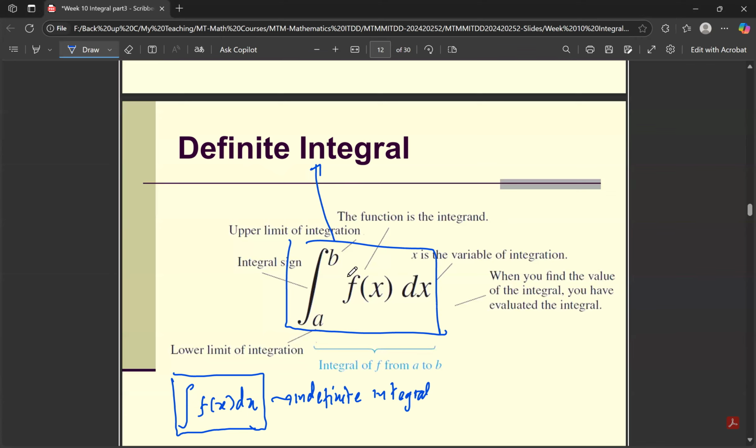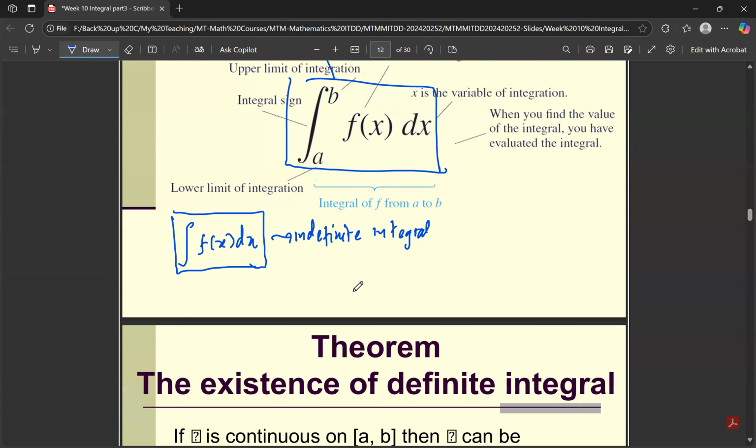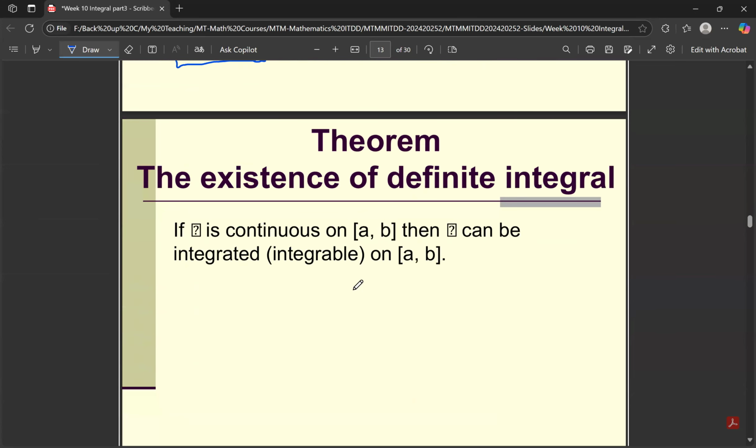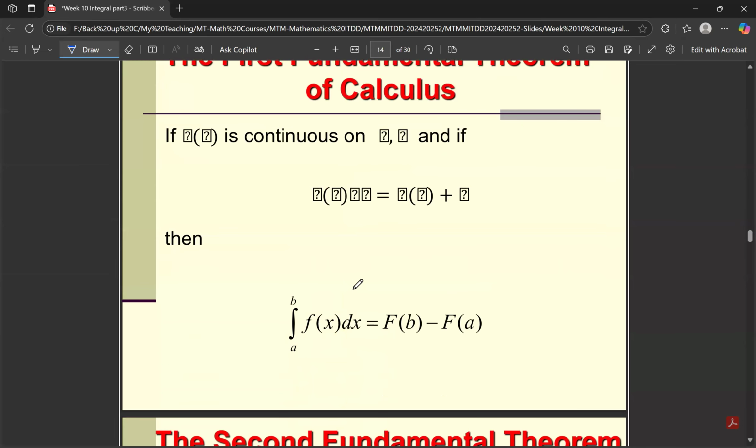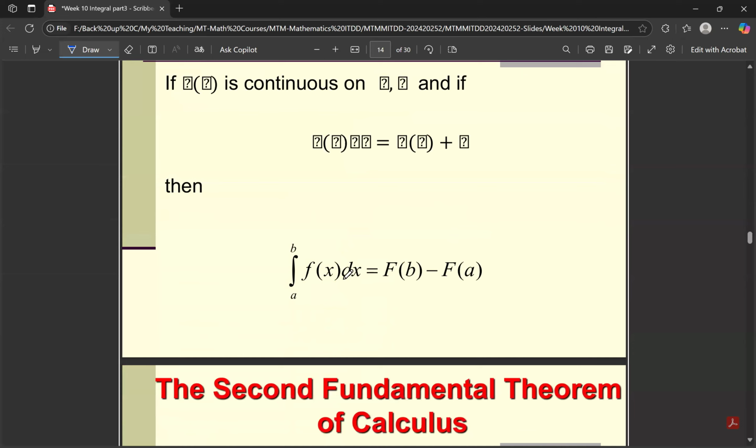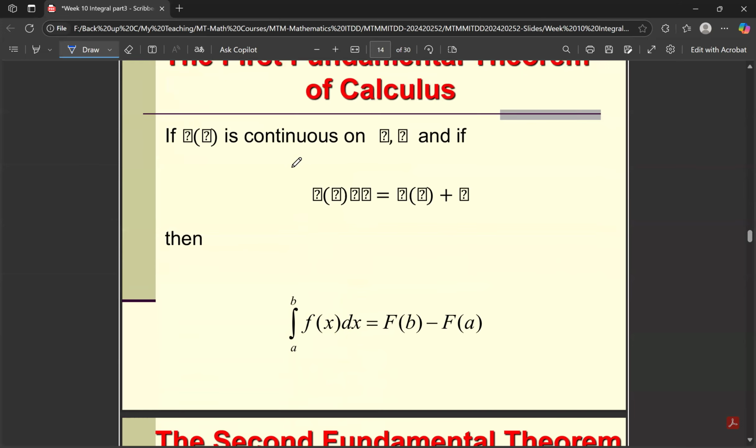So how do we calculate it? I will write it for you. The function f(x) must be continuous.